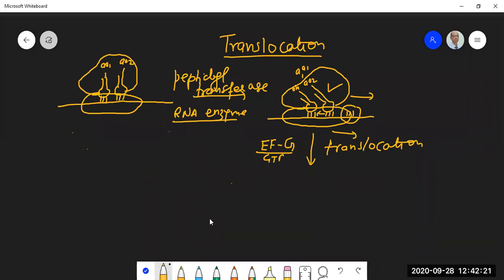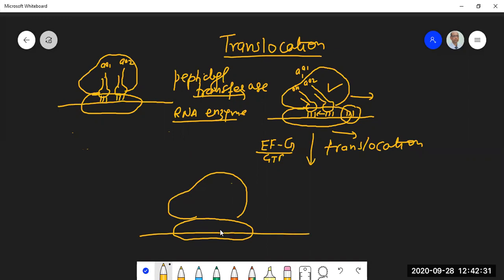So you have the ribosome, this is messenger RNA. So you have now peptidyl tRNA occupying the P site, deacylated tRNA occupying the E site, and the ribosome has moved one step forward.